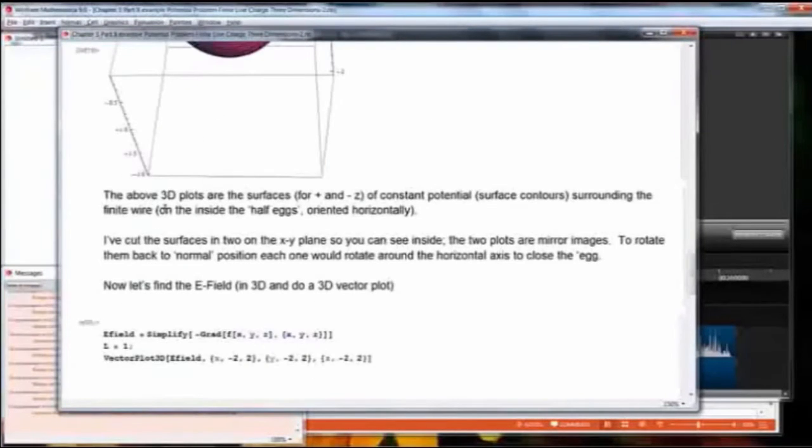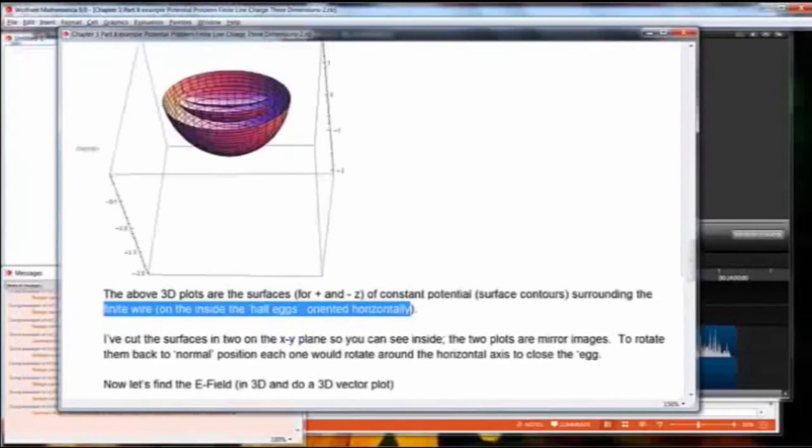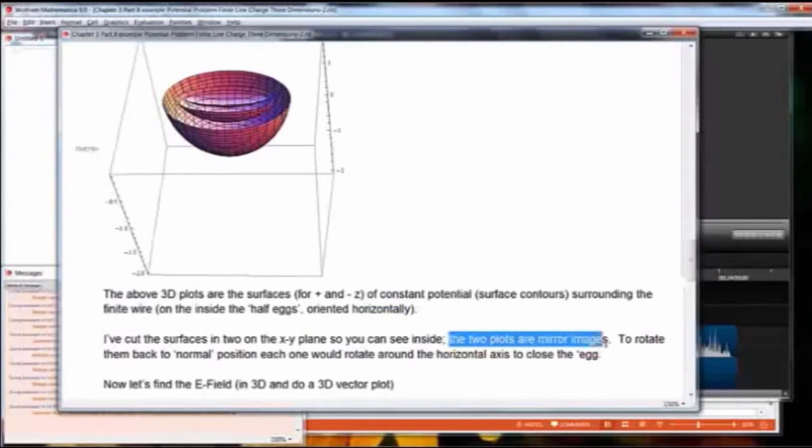Let's interpret the above. The above 3D plots are the surfaces for plus and minus z of constant potential, and these are called surface contours, and these are surrounding the finite wire on the inside of the half egg. The charge is oriented horizontally in this picture right here. Cut these in half so you can see inside, and you notice that the two plots are mirror images.